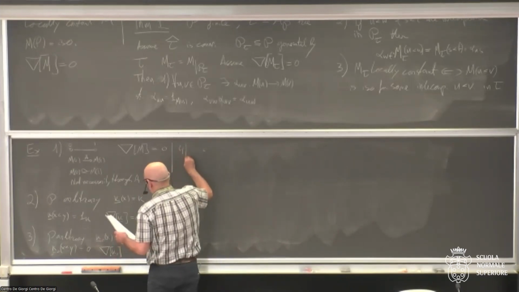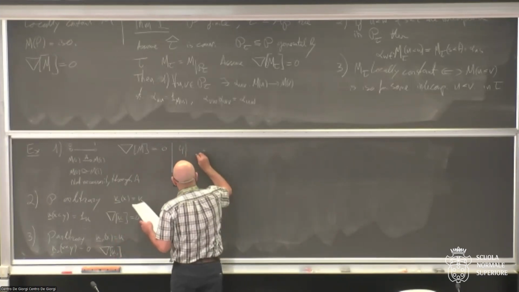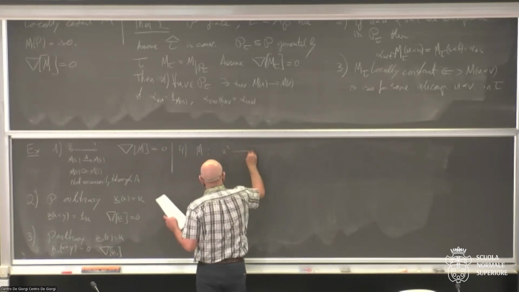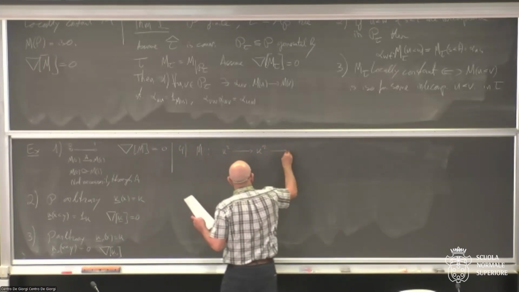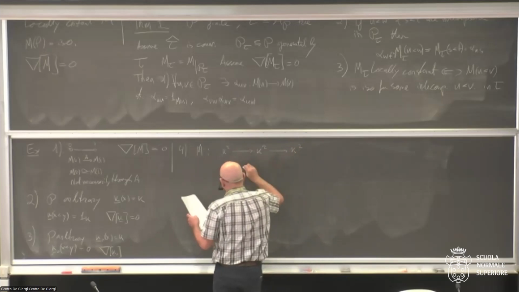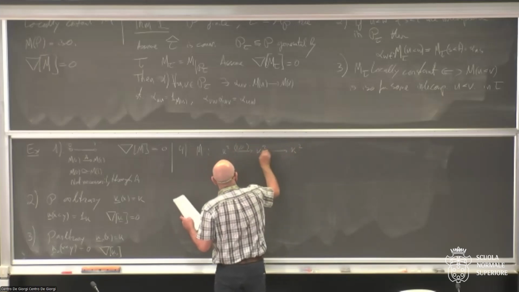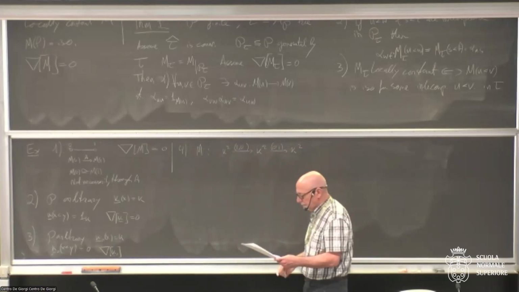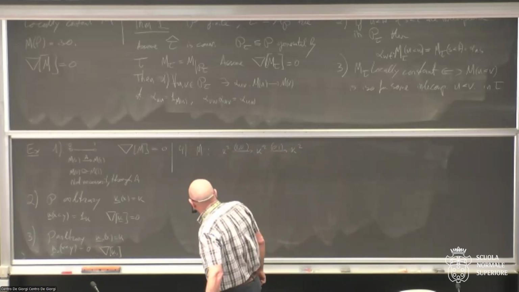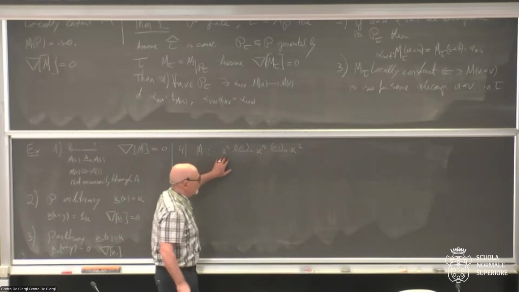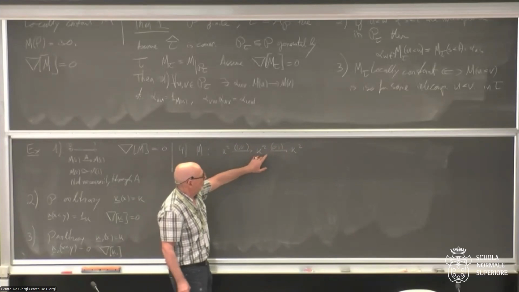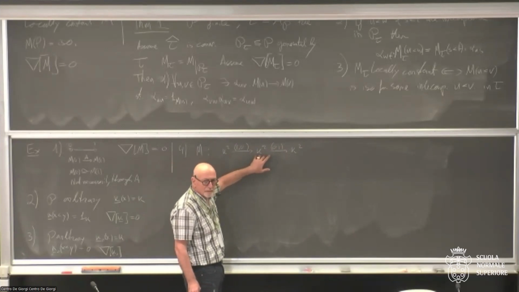So, fourth example, consider the following: M is K squared, K squared, K squared, and I take the maps (1, 0) and (0, 1). So I hope this is clear. If K squared is generated by X and Y, this takes X to itself and Y to 0. This takes X to 0 and Y to itself.